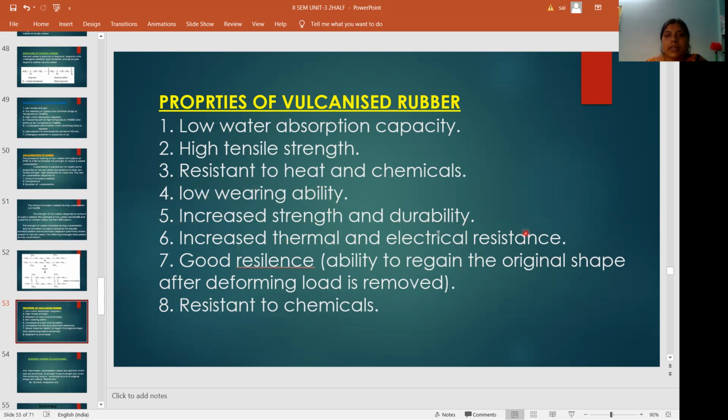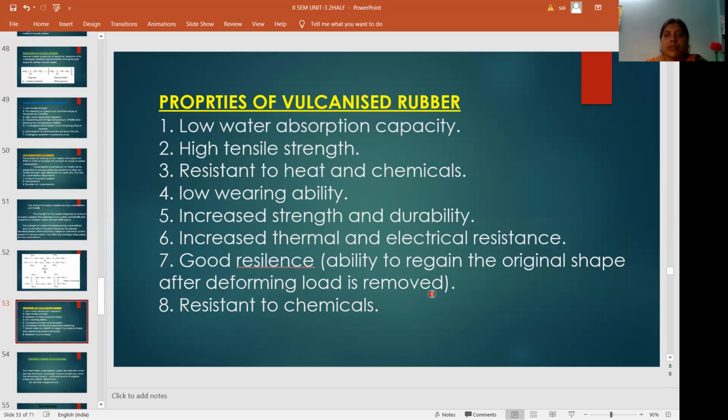Increased thermal and electrical resistance. So thermal and electrical resistance also increased. Good resilience: the ability to regain the original shape after the deforming load is removed. In natural rubber, when you apply a stretching force, it will lose its shape. But here it will not.